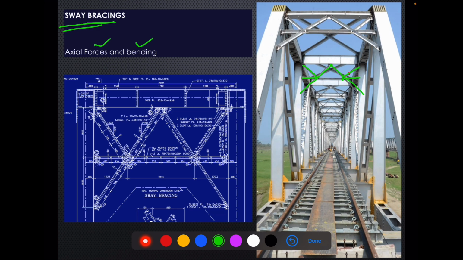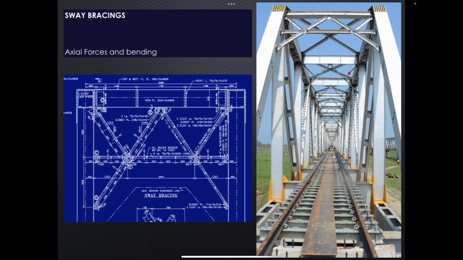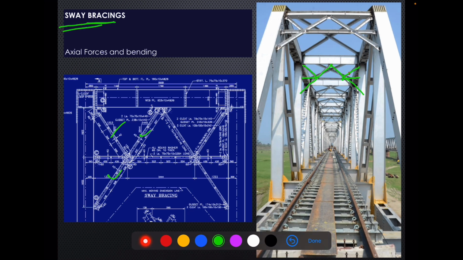Depending upon the magnitude of axial forces and bending moments, the sections are decided. So this can be anything. Typically here sections are angles, and this is how their arrangement is made and drawn.